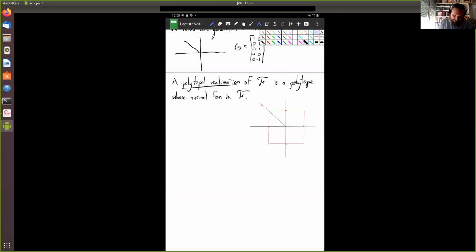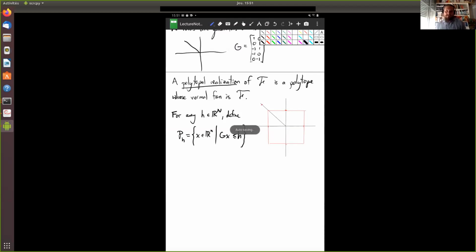Now let's formalize this. For any choice of heights on all the rays, so for any H, a vector in R^N, where N is the number of rays in my fan, define P of H: the polytope defined by the inequalities given by H. If H is chosen carefully, then P of H is a polytopal realization of the fan.